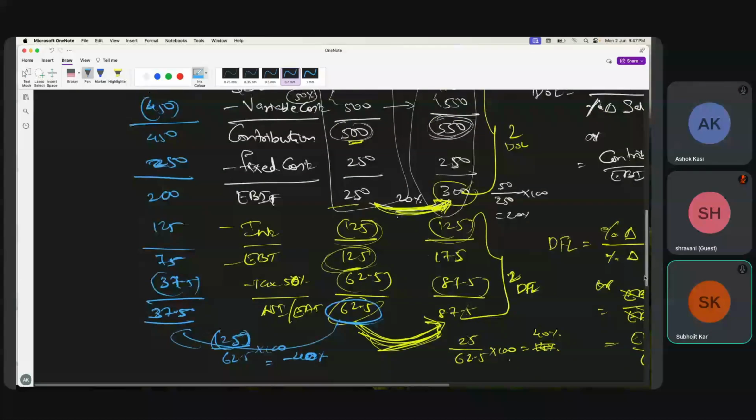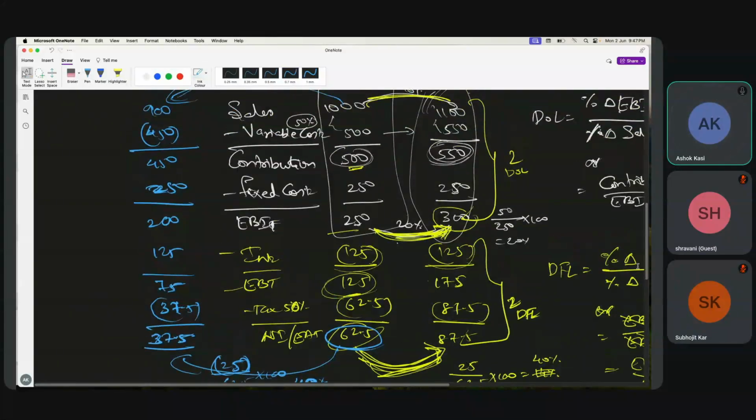Now, what kind of companies are like this, where their cost is fixed? Any thoughts? Banks, like every company, there will be fixed costs, right?